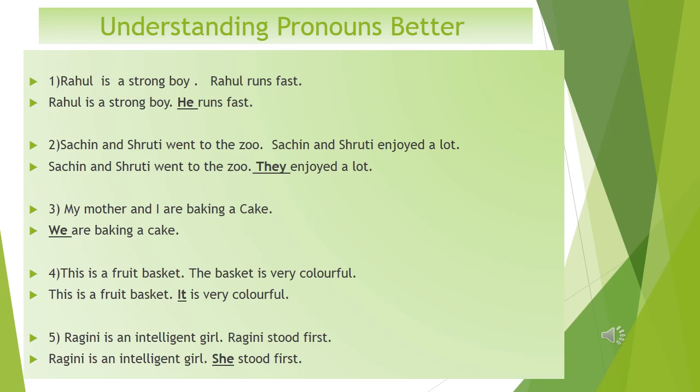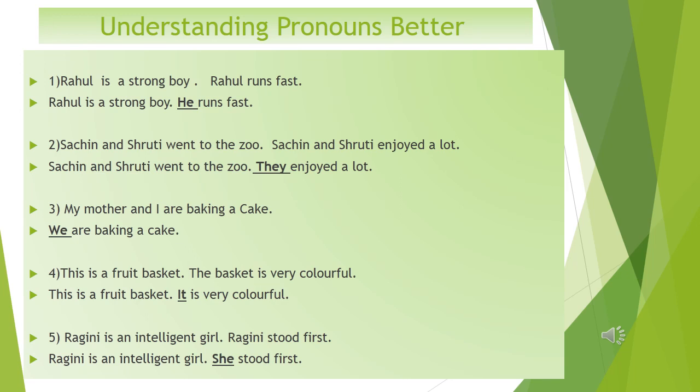Number 4 is, this is a fruit basket. The basket is very colorful. I have already told you that this is a fruit basket. The basket is very colorful. Why do I need to repeat the word the basket? We don't need to repeat the word the basket. Instead, you can replace it with the pronoun it.